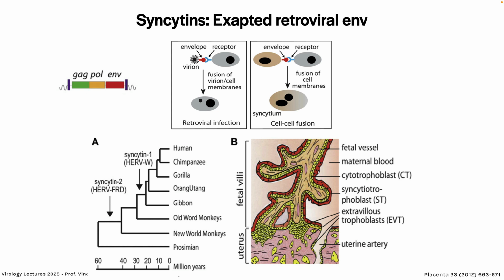There have been multiple exaptations of syncytins for mammals. There are at least two shown here, 50 million years ago and 25 million years ago, in different lineages here, ancestors and so forth. This allowed the placenta to be made.